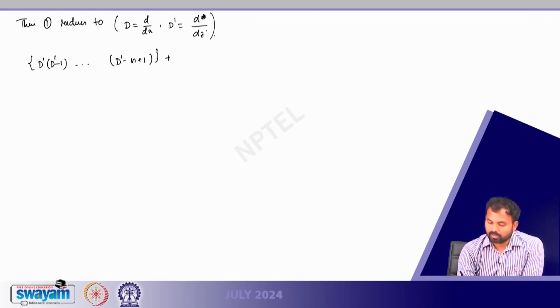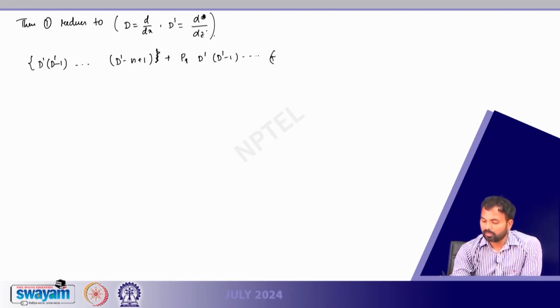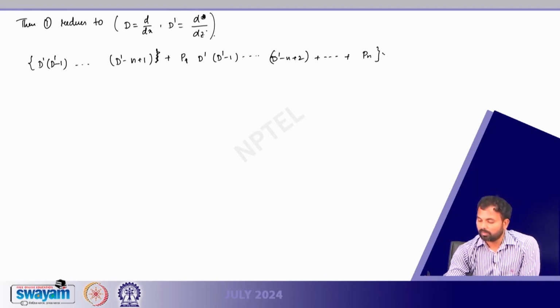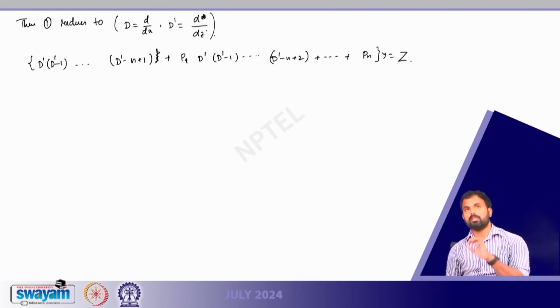plus p1 D(D-1)...(D-n+2) plus, and so on. This will become p_n y equals a function of z now, because x is now changed into a function of z.